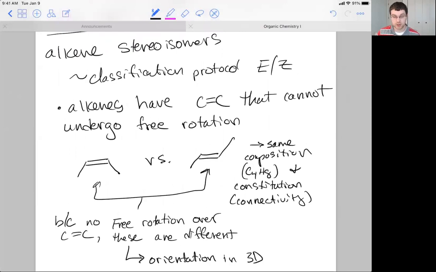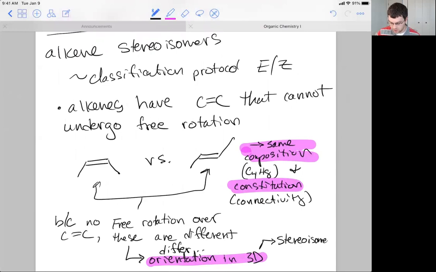Structures that have the same composition and constitution, but differ in their orientation in 3D, are, by definition, stereoisomers. If we have different orientations in 3D, but not the same composition and connectivity, we're not stereoisomers. We're something completely different, right?